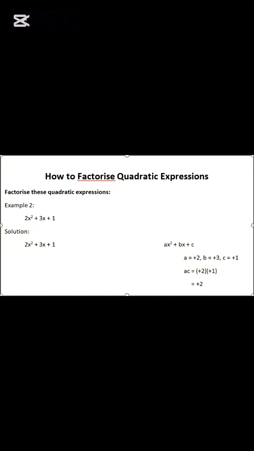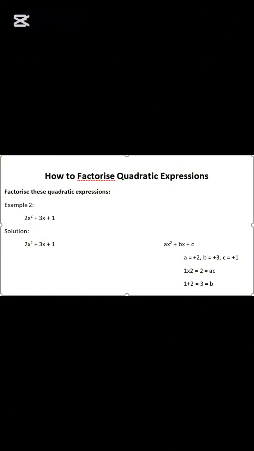So ac is 2 times 1, which is 2, while b is 3. So we need two numbers that multiply to give 2 and add to give 3. It's actually 1 and 2, because 1 times 2 is 2, and 1 plus 2 is 3.